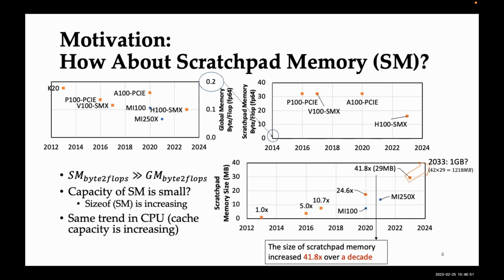And you can see that the size of Scratchpad memory increased about 41x over a decade. Yet in the same amount of time, you got an increase in flops, maybe not plotted here, of about 25x. So what this says is the capacity of the shared memory or Scratchpad memory is increasing at a much faster pace than what you would be getting from pure compute flops.